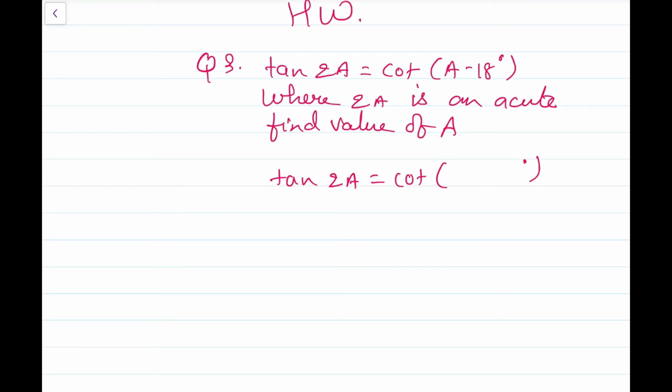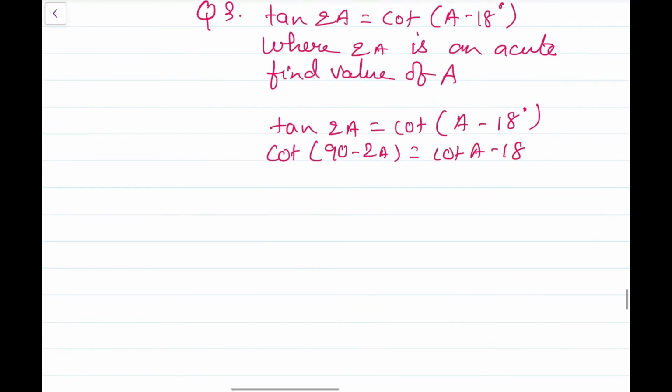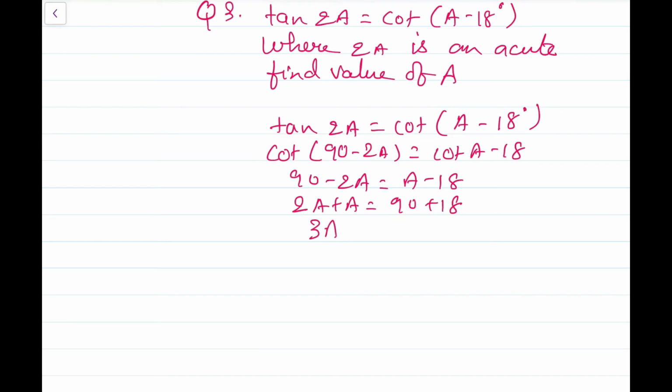This is given to us. Now in place of tan 2a I can write cot (90 minus 2a) is equal to cot (a minus 18). Now can I compare both of them? Yes. So 90 minus 2a is equal to a minus 18. So 2a plus a is equal to 90 plus 18. So 3a is equal to 108. a is equal to 108 upon 3 is equal to 36 degrees.